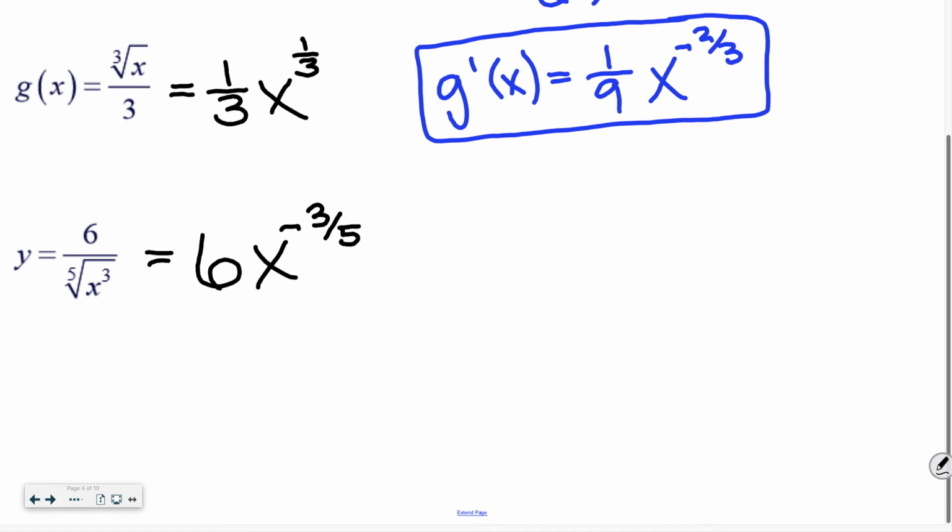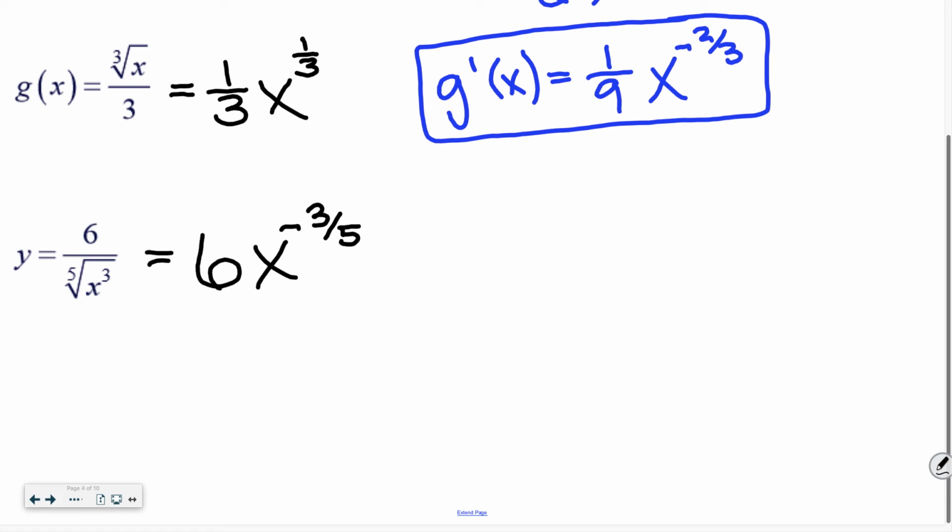Okay. I heard a lot of discussion about the powers and the roots and all of that stuff. So first of all, we can rewrite that to a 3/5 power. But since it's in the denominator, we have to move it. Okay? We cannot have a fraction with our x in the denominator. The x has to be in the numerator.